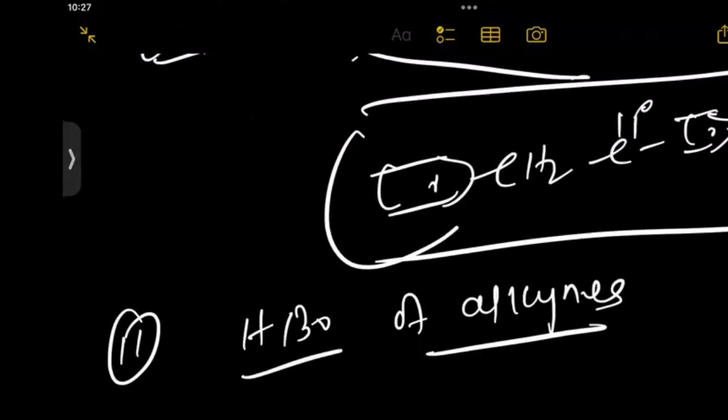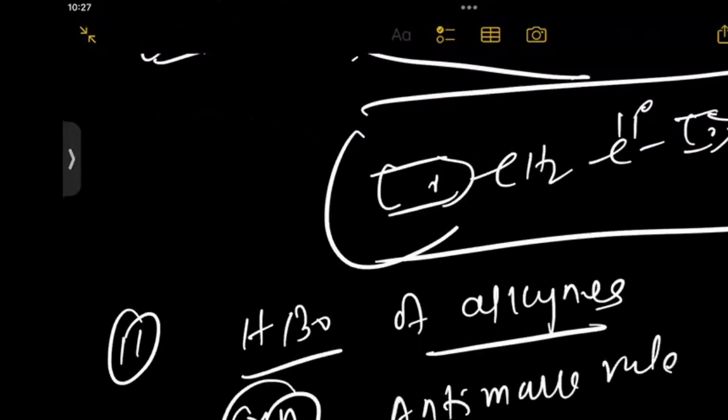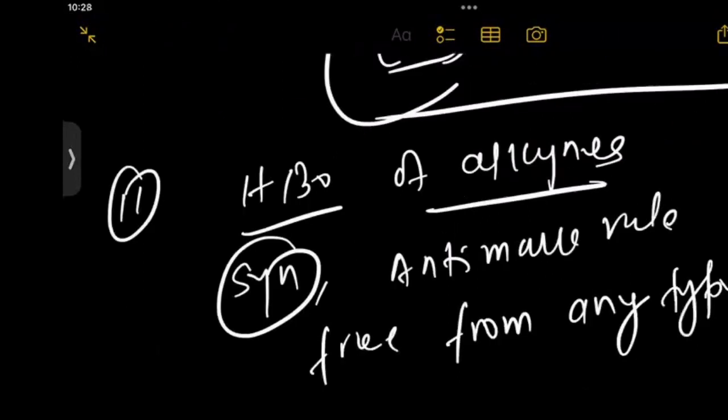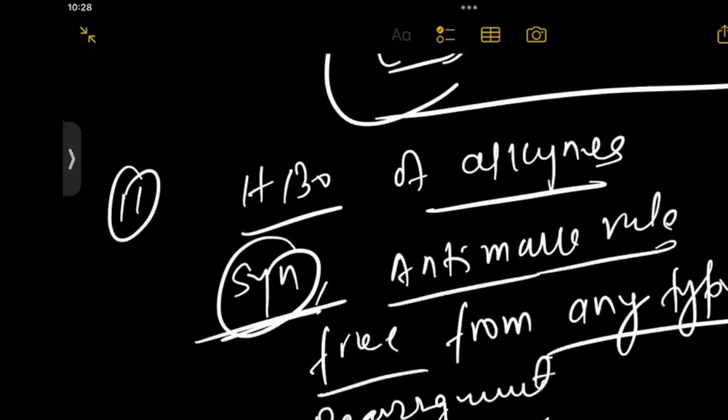So hydroboration oxidation is a syn addition, second is anti-Markovnikov, and third is free from any type of rearrangement reactions.